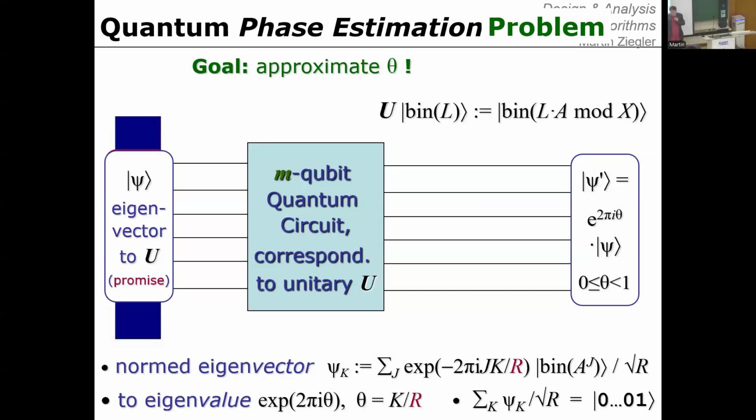We don't know which one. They're all going to be equally likely. But whatever state it collapses to, the resulting value will be of this form. The numerator, we cannot predict, but the denominator is what we're interested in. And this is where the quantum parallelism happens.